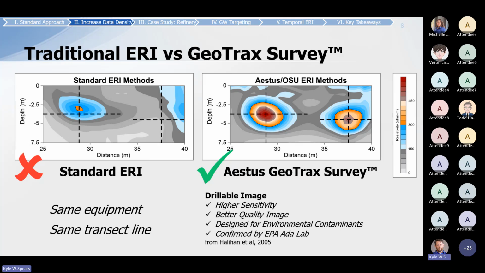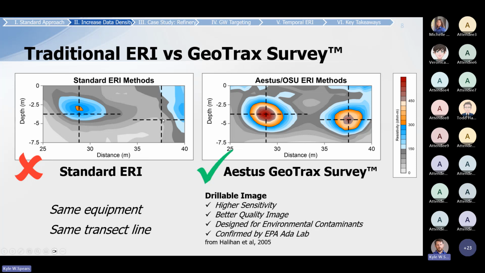So what we see here is a known gasoline spill, and these data sets were from early in company history when the method was being proven. They set up a survey and collect this data set right here. They don't change anything except they use the GeoTrack's acquisition protocols, and what we can see is that we actually detected two resistors versus just one.